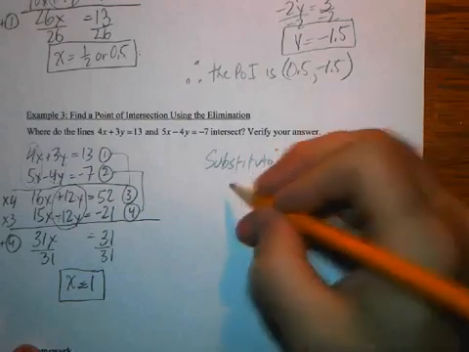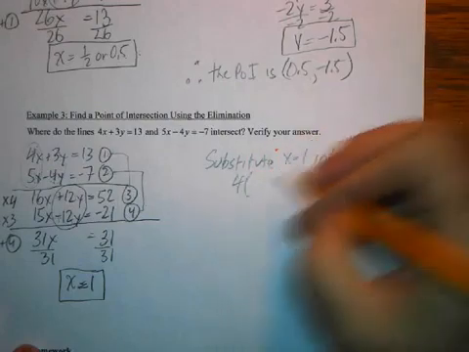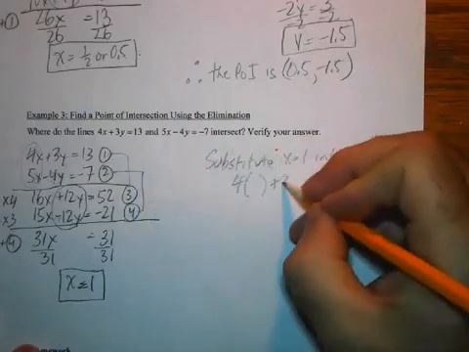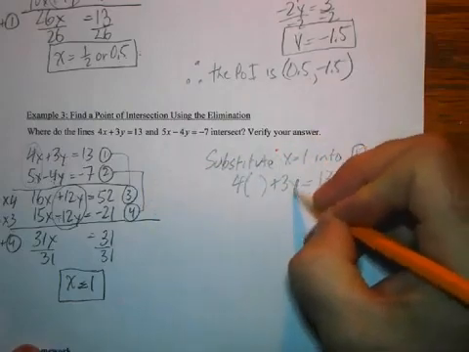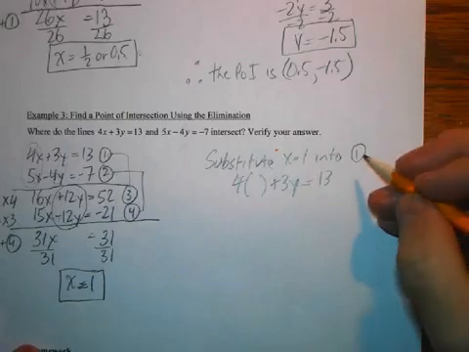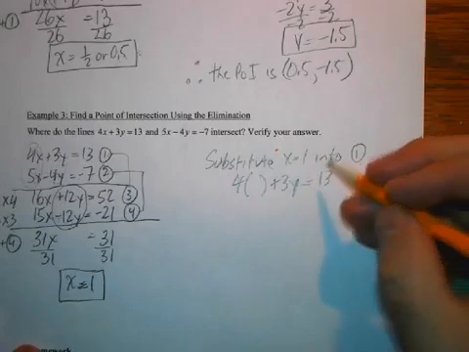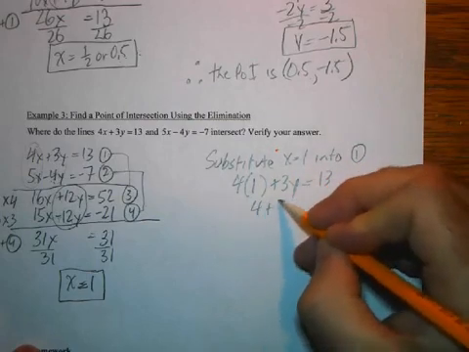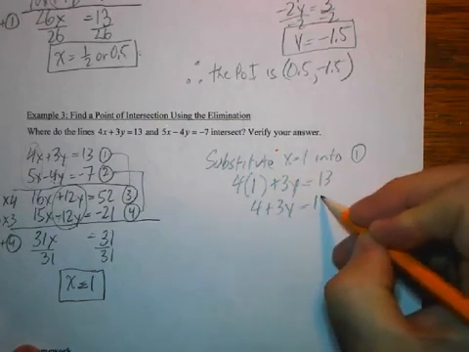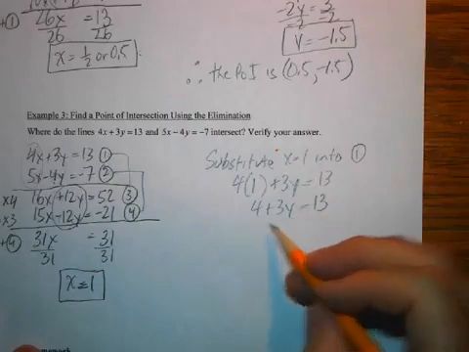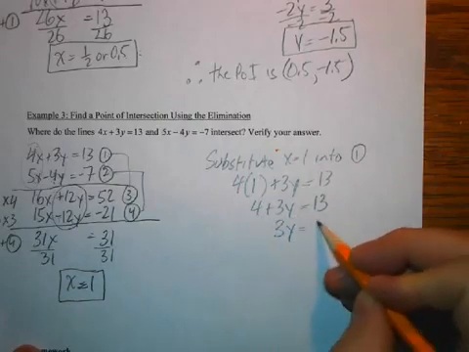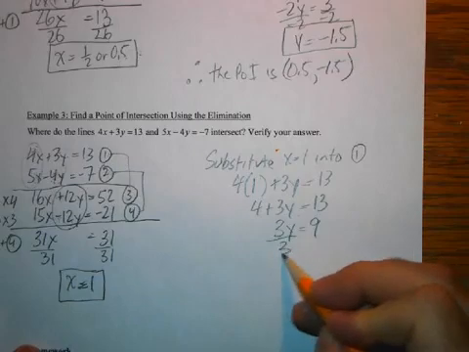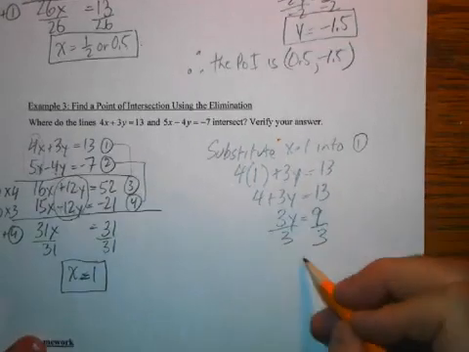So I have 4x plus 3y equals 13. And x is 1, so it goes where x was. So that's 4 plus 3y equals 13. And then I'm going to subtract 4 from both sides. 3y equals 9. Divide both sides by 3. Get y equals 3.